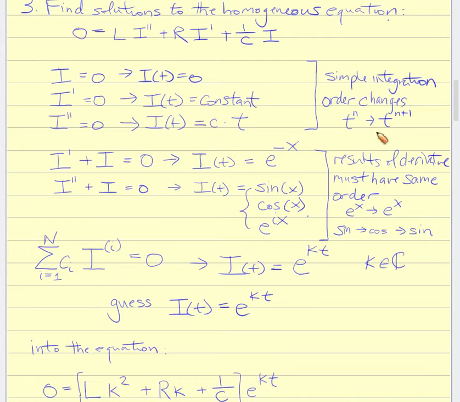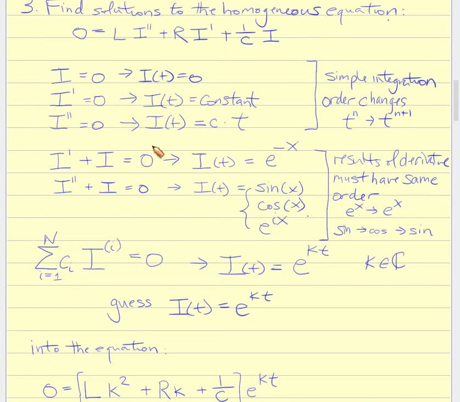So if we do simple integration, we get stuff that's no longer what we started out with. But in order to have them all cancel out, we have to end up with the same type that we started out with. So I has to be the same type as I prime and I double prime. And to do that, we can't use a polynomial function. We have to look at a different function with more interesting properties.